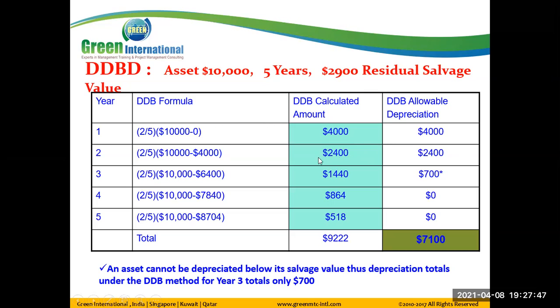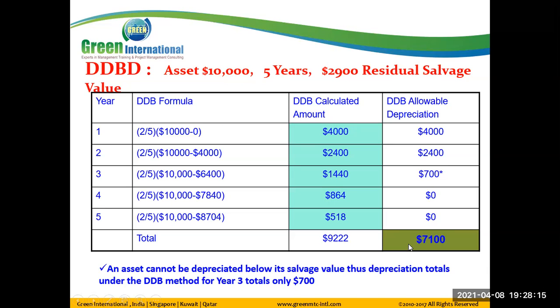So if you take the full 2,400, you will minus 2,400 from your initial value. Similarly, for the third year, if you calculate, you can see the calculated depreciable amount is 1,440. But you cannot depreciate that because you have already 6,400, right? The maximum you can depreciate is the difference, 10,000 minus 2,900, 7,100 only, the total depreciable amount you should get.